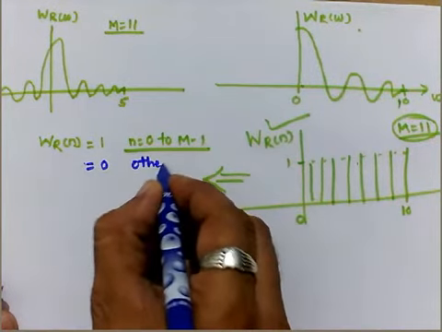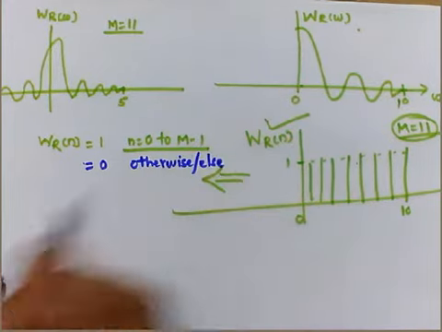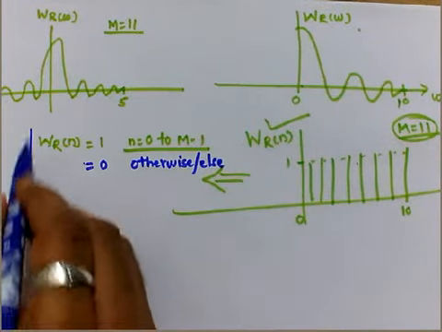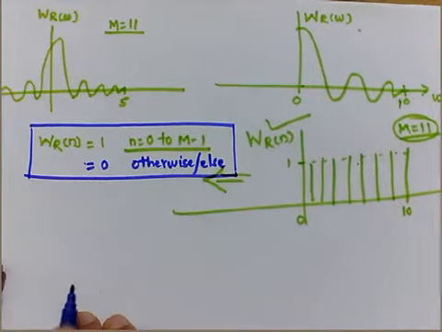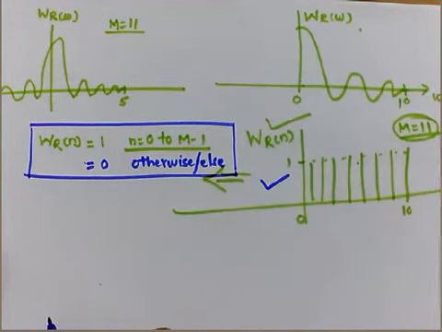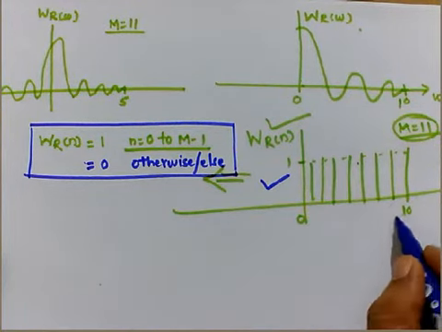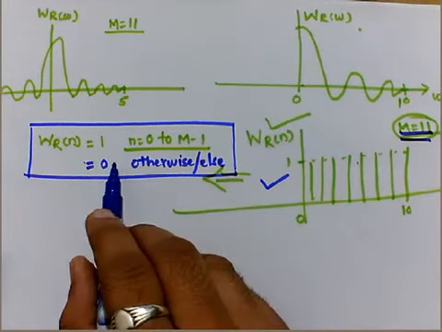So let's write it otherwise. So for other cases, this is what the rectangular function. So once we know WR of n for this particular case, here the value of M is taken as 11, that's why it is written over here.